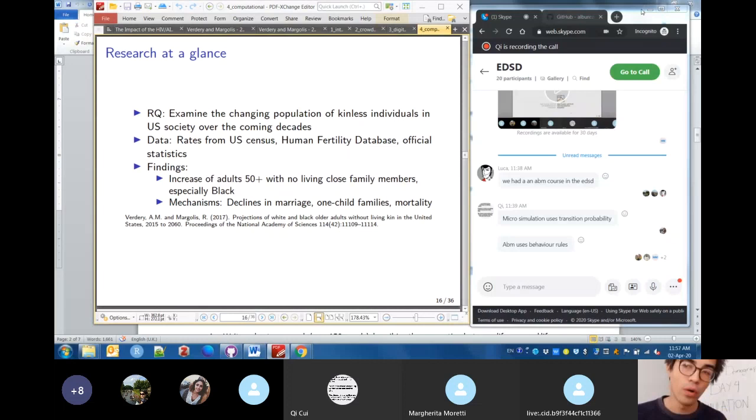So here in this table, you have the different data sources that they use for the study.